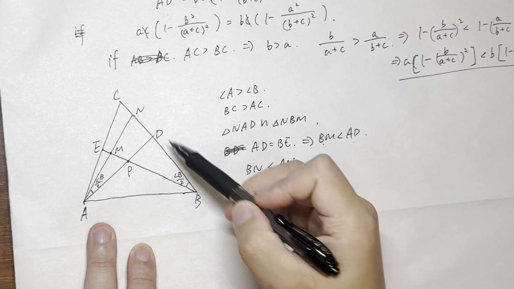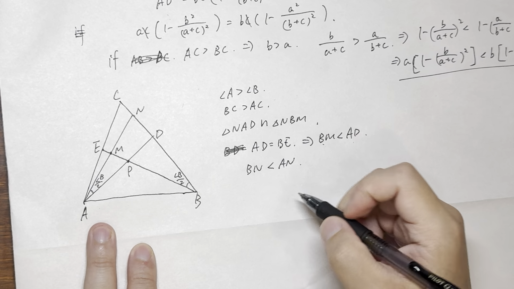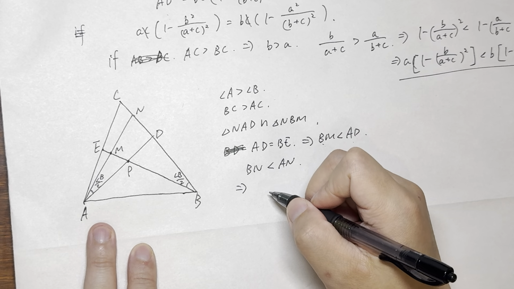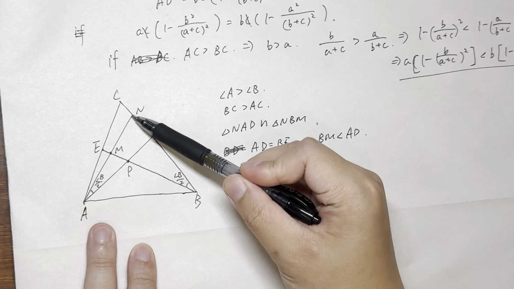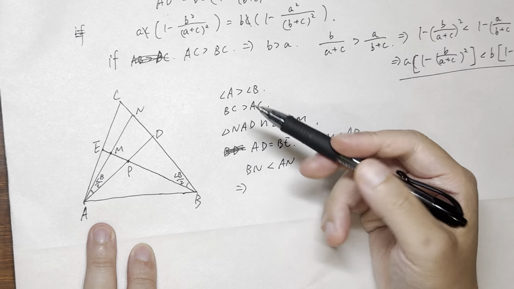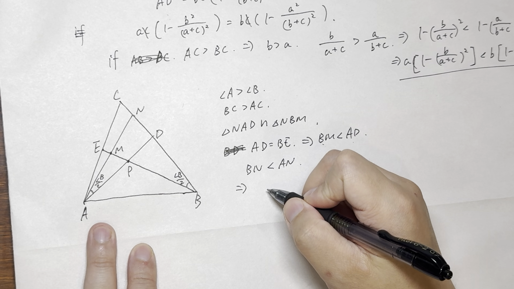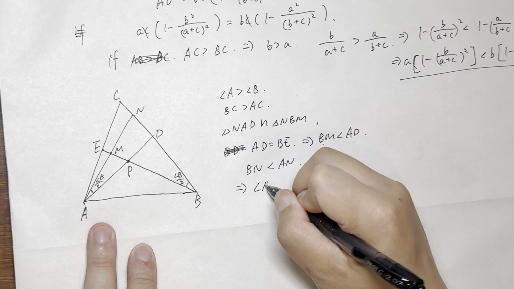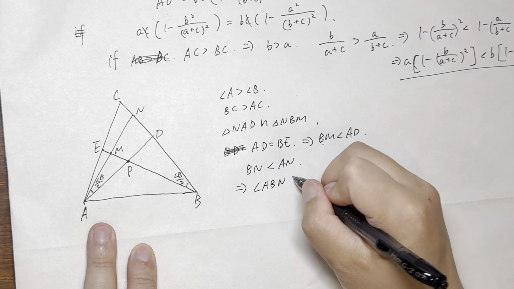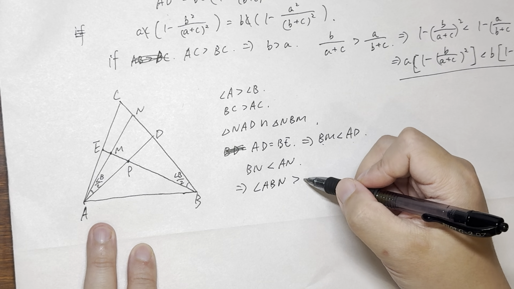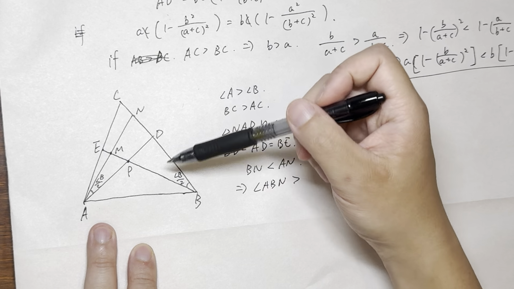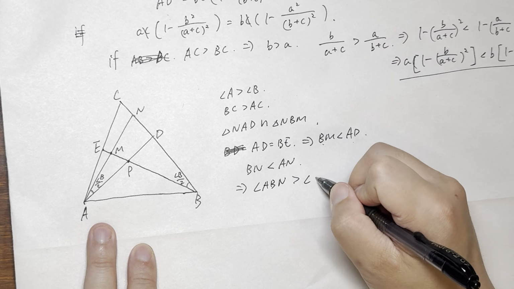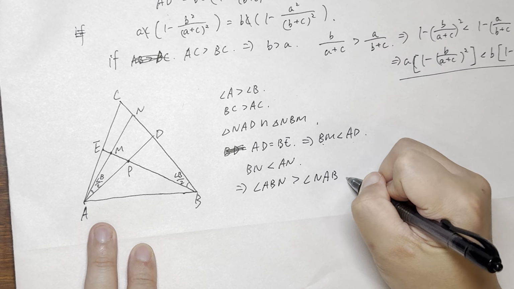BN is smaller than AN, which means the angle opposite to AN, which is angle ABN, should be larger than the angle opposite to BN, which is angle NAB.